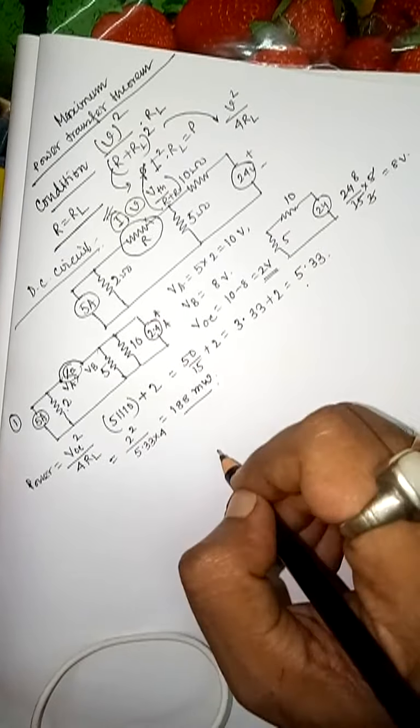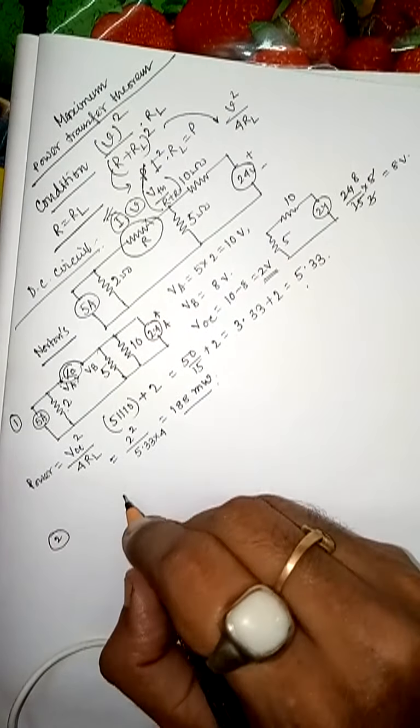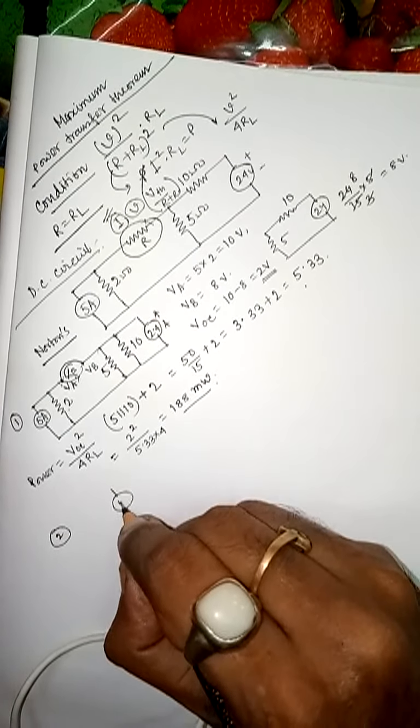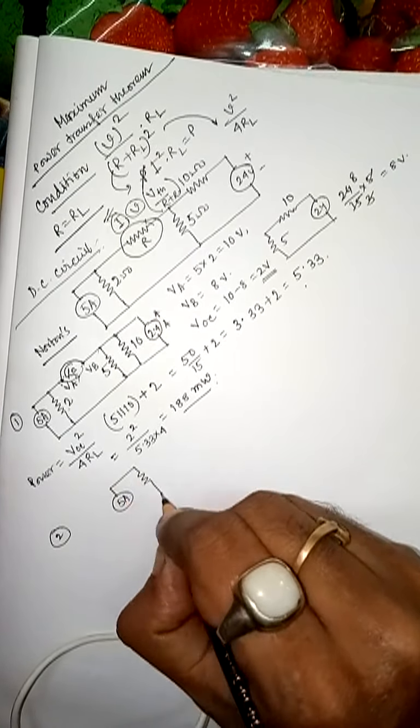Okay, now to finding out that Norton current in this particular branch, so we may have different sort of idea that you may have in that another approach, say approach number 2 here, that is 5A, and this is 2, this is shorted, this is again 5, this is 10, this is 2.4.